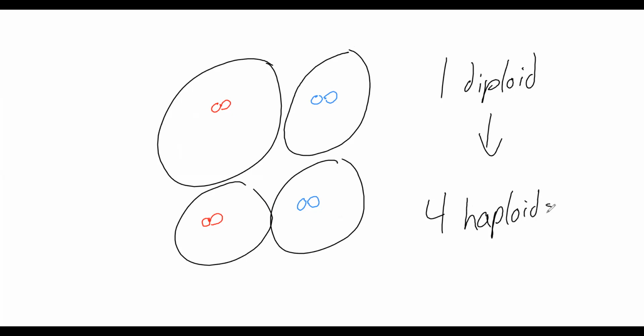Notice at the end of meiosis, the whole process, I started with 1 diploid, and I have now made 4 haploids, each with half the original amount of chromosomes and each with very specific DNA in them.